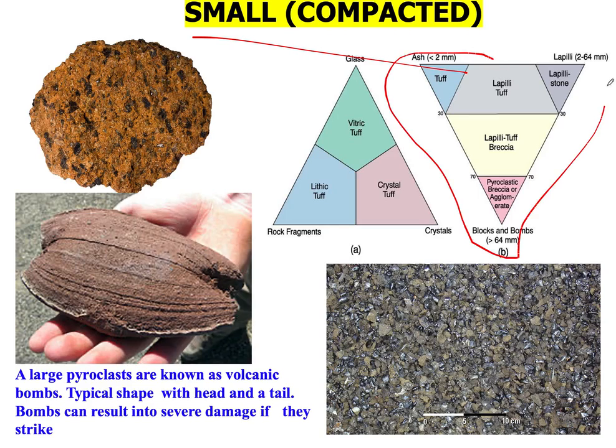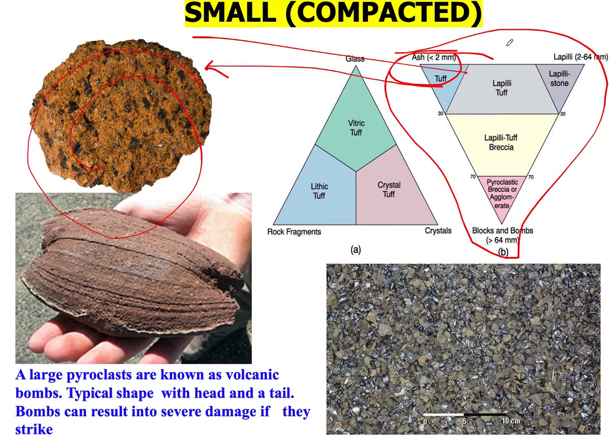We can understand this by this ternary diagram, in which the ash that is formed, when the ash is compacted, it forms tuff. Okay, this is known as tuff. When this ash is compacted, it forms tuff, and you can see this compaction. Okay, and this is typically the smaller size ash.